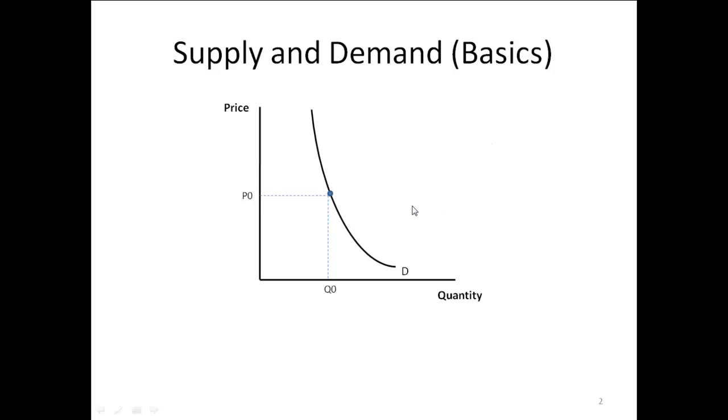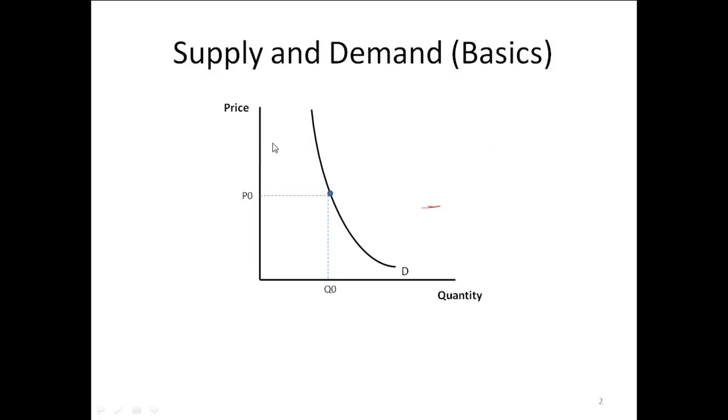Let's start here with a very basic demand curve. What you see here is a very straightforward demand curve, and to understand it, let us imagine that we are considering the cement industry in your country.